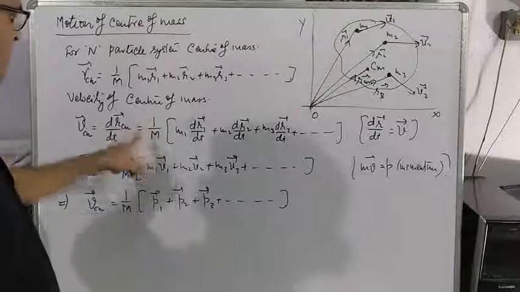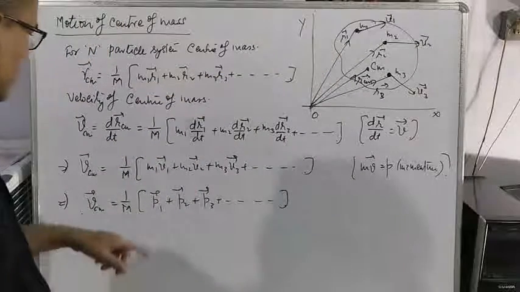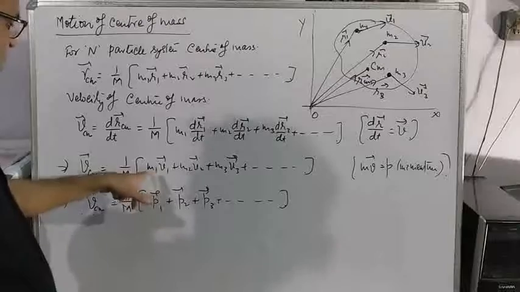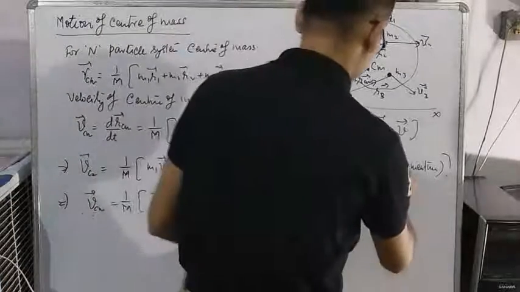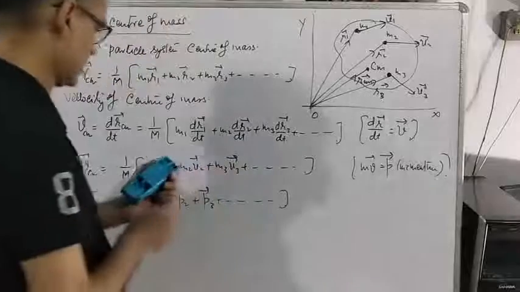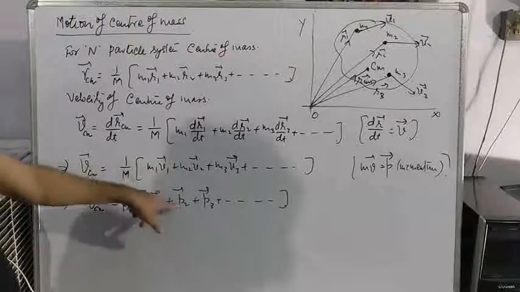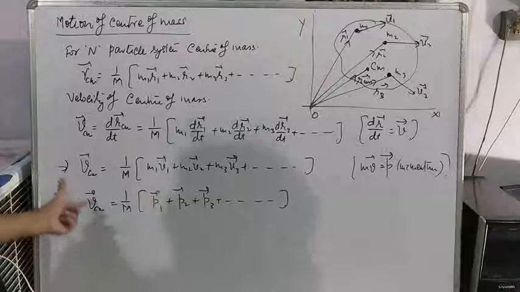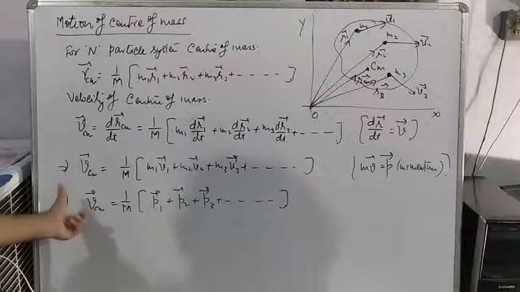Capital M is the total mass of the body. Mass into velocity is called momentum. So this is the momentum of first particle, second particle, third particle and so on. So this equation gives the velocity of center of mass.